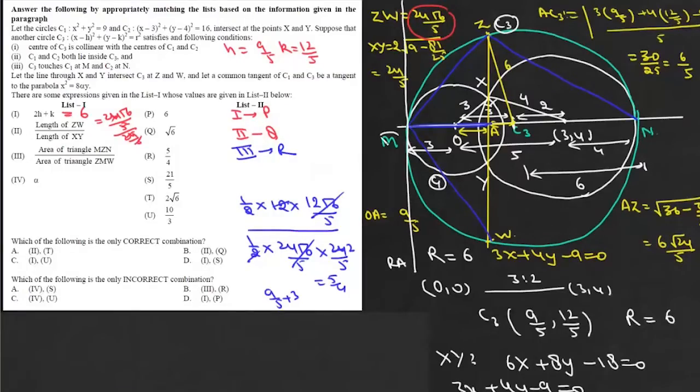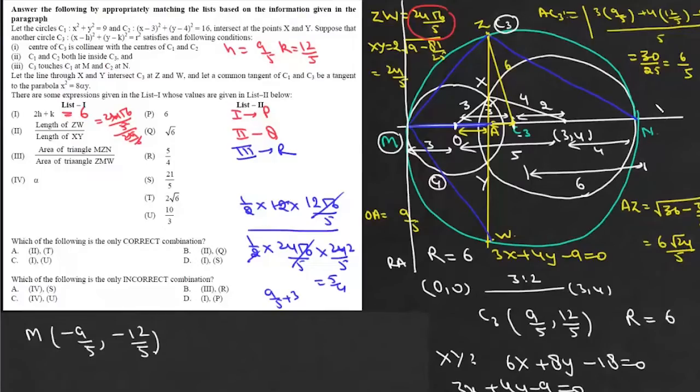Now for this, what we'll do is we'll first find the coordinate of M. Now basically origin is midpoint of M and C3. So basically coordinate of this point M will be simply minus 9 by 5 and minus 12 by 5. And we can also find slope of this line.